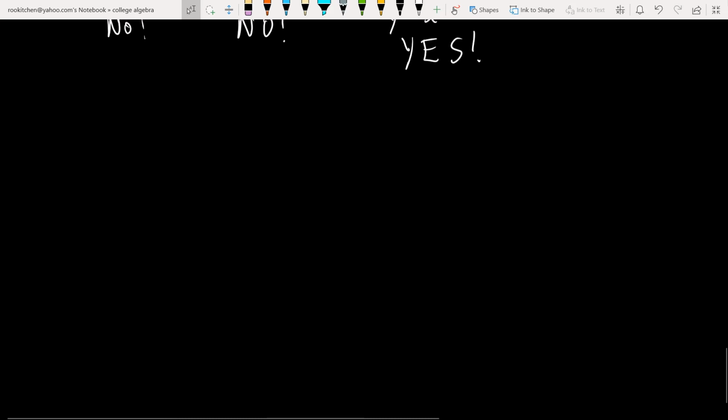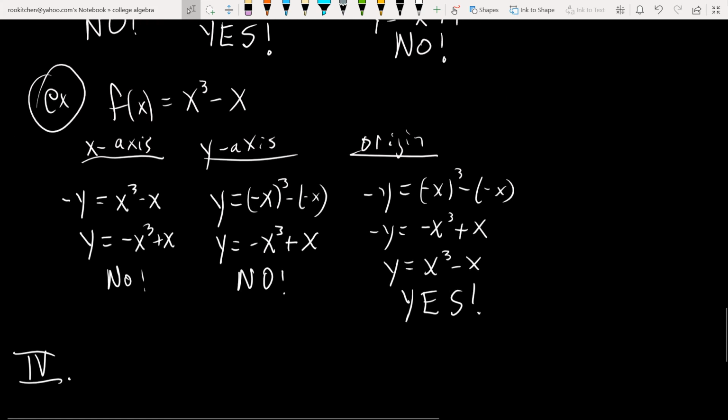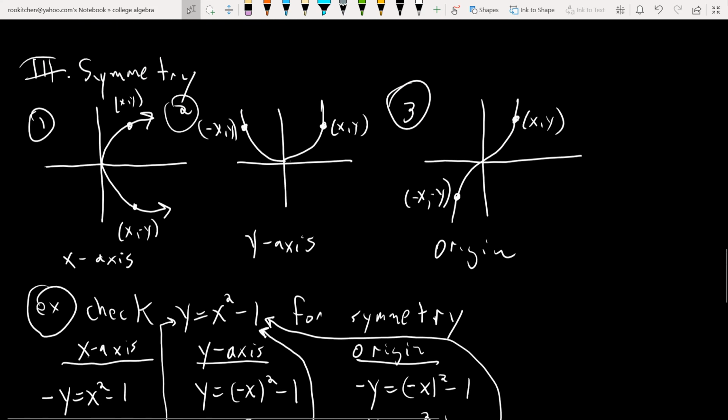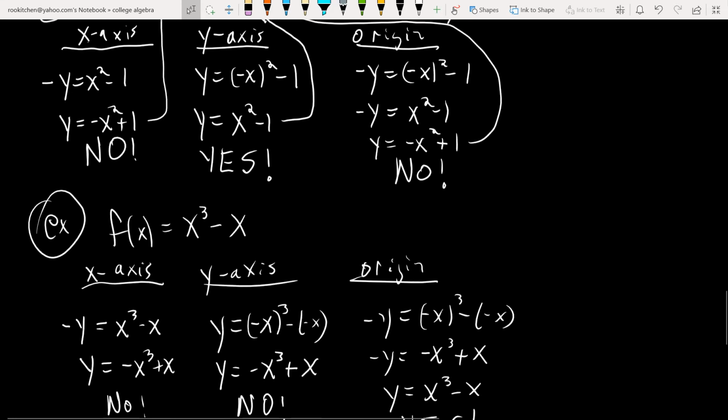Anyways, associated then with these symmetry types are the even and odd symmetry, and the second graph there is the even symmetry. So y-axis symmetry is the same as even symmetry, and then origin symmetry is odd symmetry.